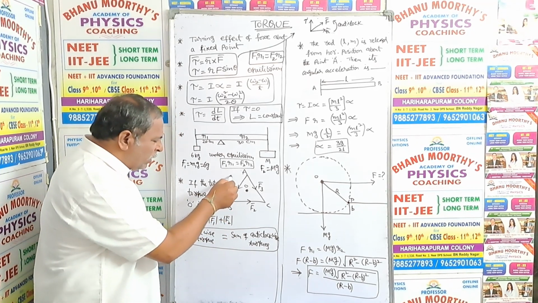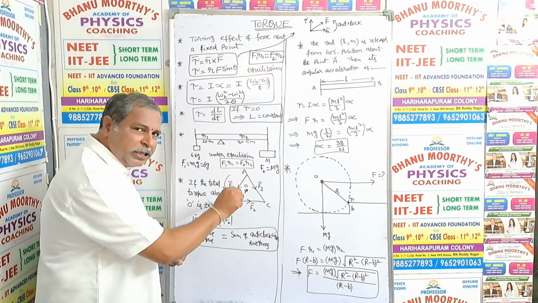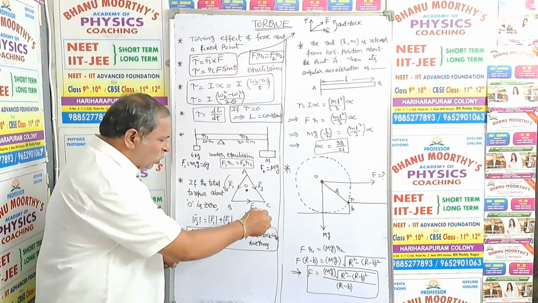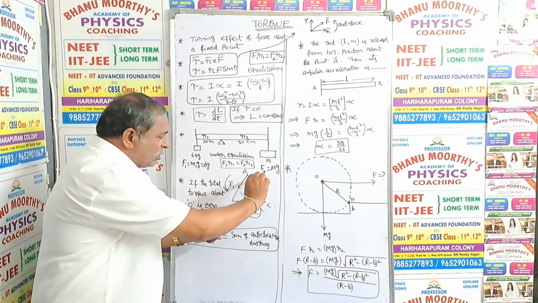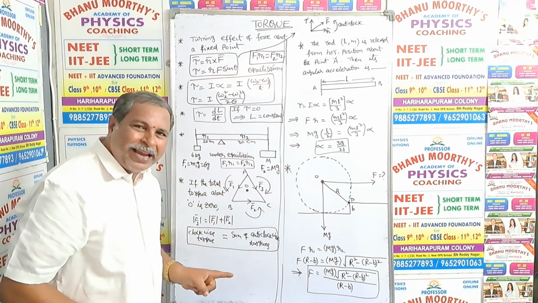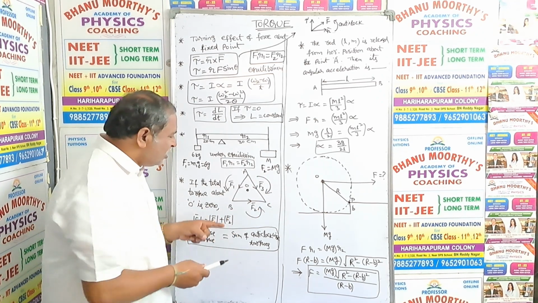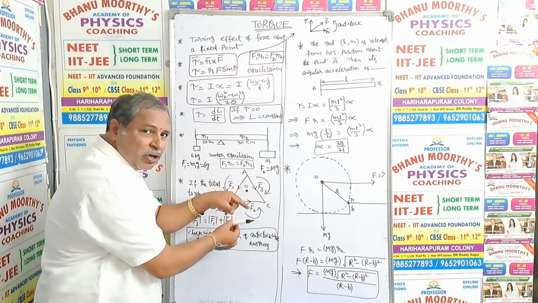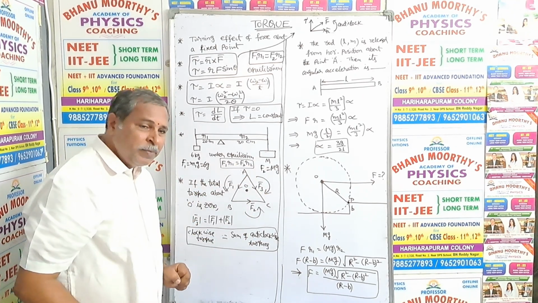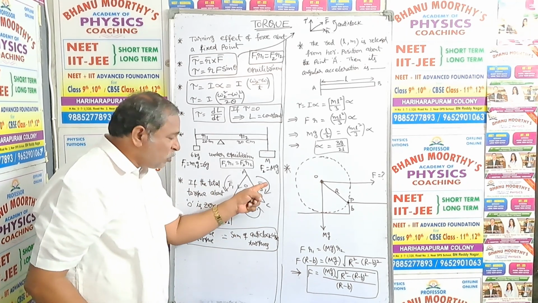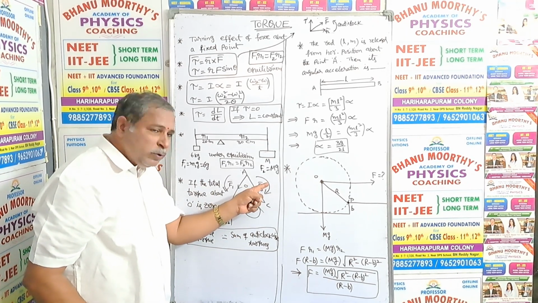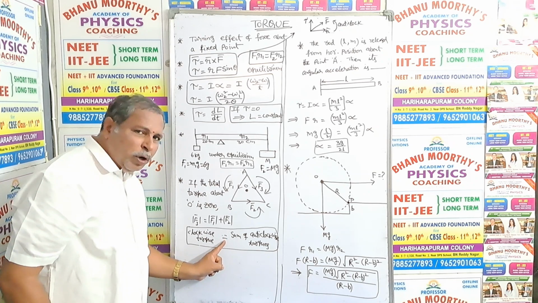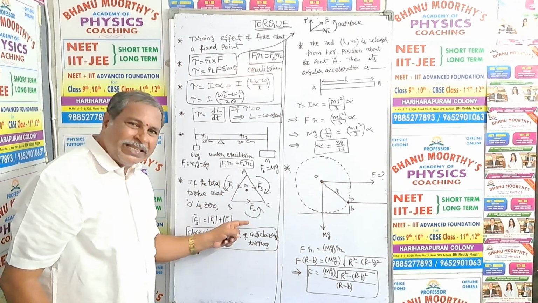So what is the relation? These two are anti-clockwise torques, but this one is a clockwise torque. Okay, my dear students, remember this point. So anti-clockwise torques are two here, and the clockwise torque is this one. Therefore, the clockwise torque is equal to the sum of the two anti-clockwise torques.